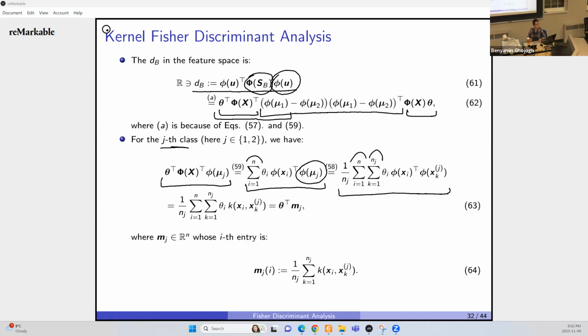I'll have double summation, right? By the way, bear with me and don't get tired, because we'll have a lot of summations in a few slides, okay? But you need to be patient, okay? So now, interesting that here I have phi transpose phi.